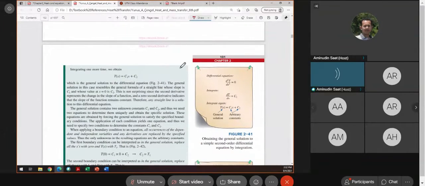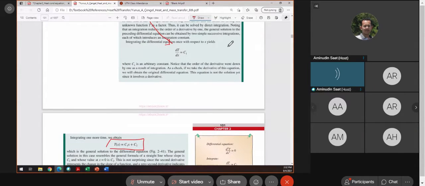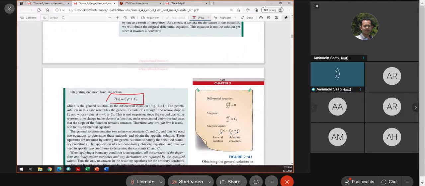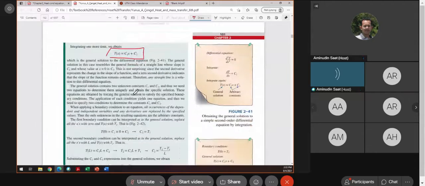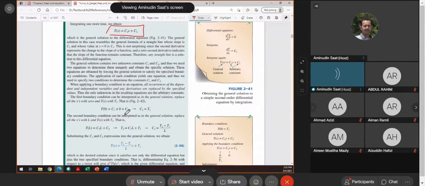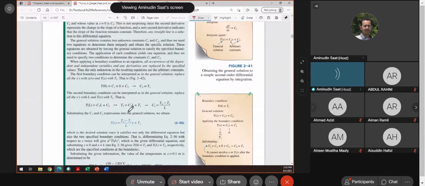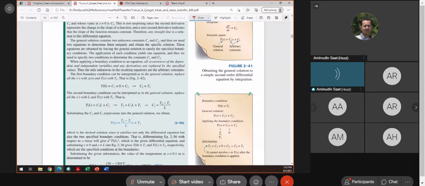Then second order integration in order to get the terms C1 and C2. This is the first level of integration, and then this is the second level of integration, combining the equation with the boundary condition, so you can solve for the expression of the temperature inside the wall.